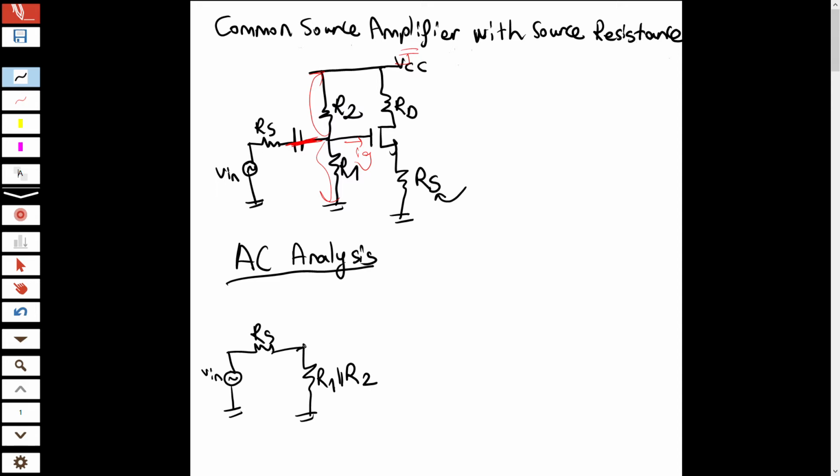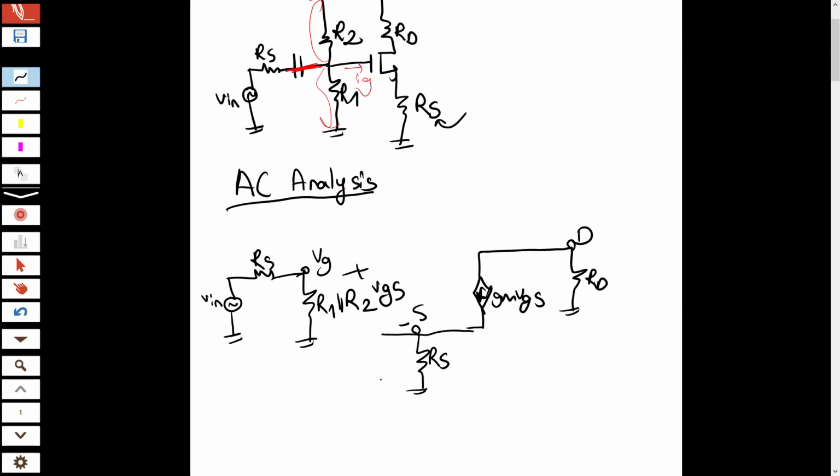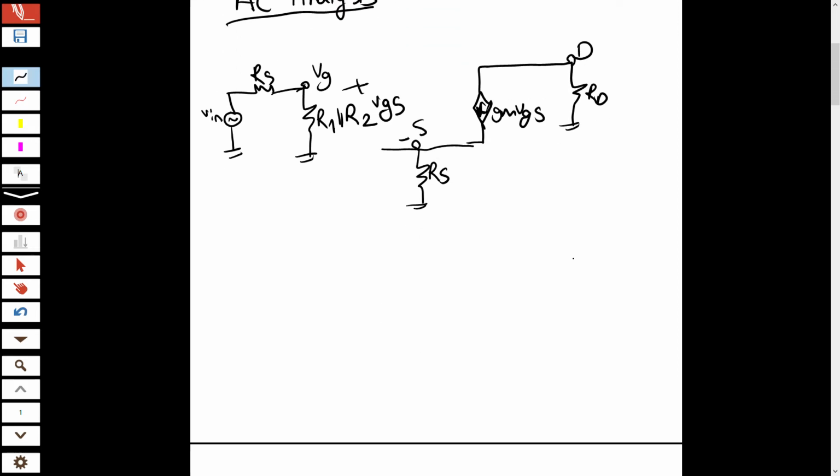So this is V gate, and then here there is R source. Here this is the source side. This current is gm VGS, here RD, the drain, and this voltage is VGS.